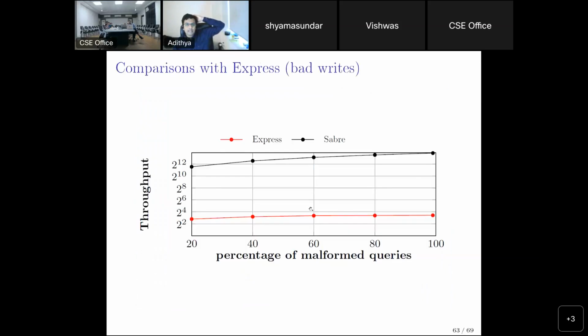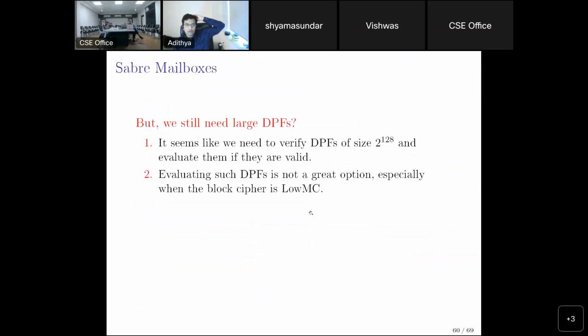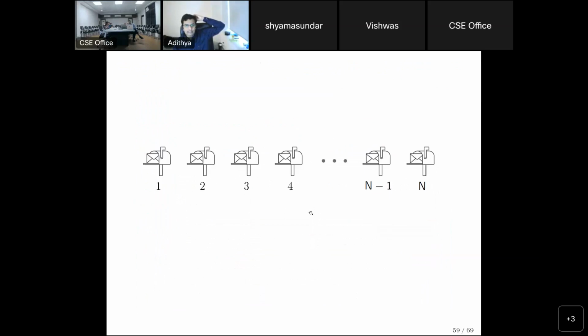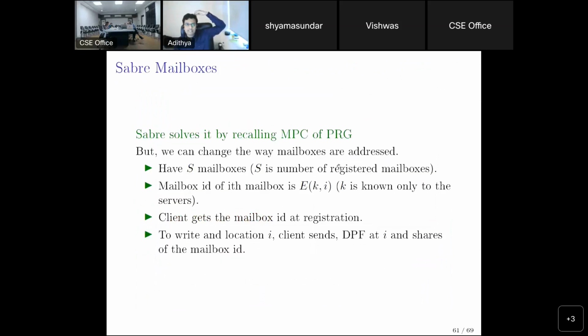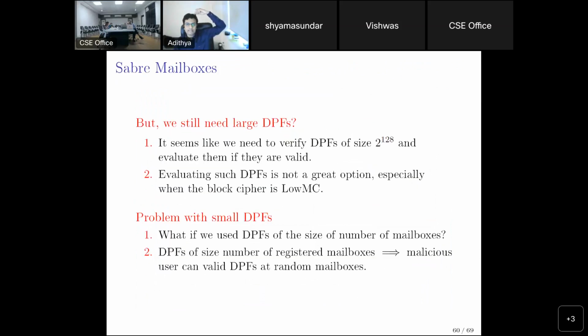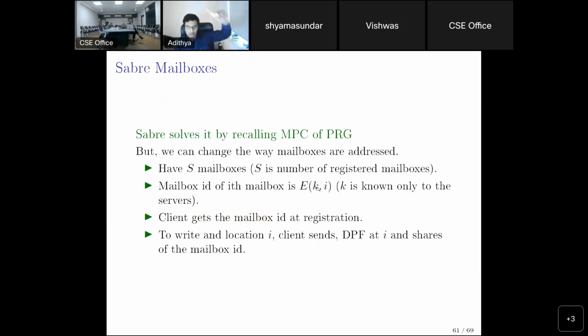The main idea is that rather than having mailbox IDs which are random 2^128-bit values, our mailbox ID is the encryption, which is a PRF evaluation, of the index. If it's the 5th registered mailbox, it is of 5, and that is the mailbox ID.